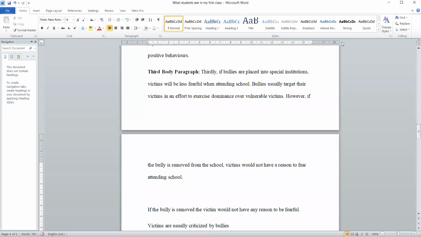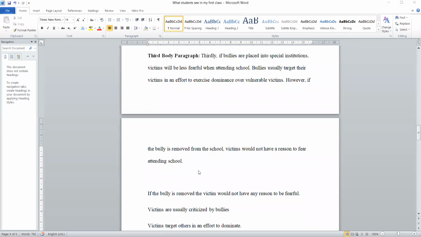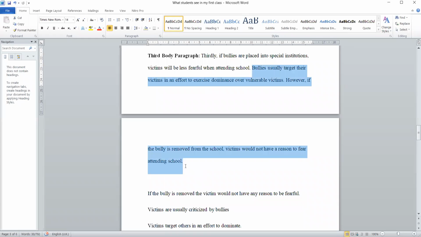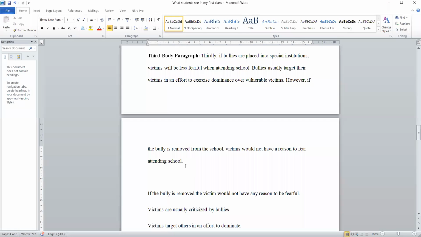So far I have that bullies usually target their victims in an effort to exercise dominance over vulnerable victims. However, if the bully is removed from the school, victims would not have a reason to fear attending school. So we have our supporting information here to this point. What else should we use?